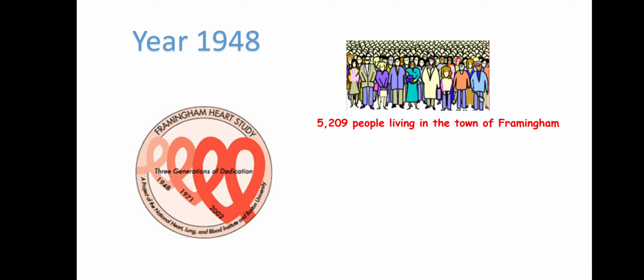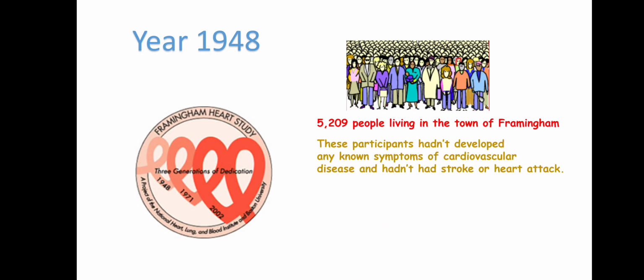See, back in 1948, when a lot wasn't known about the factors leading to heart disease and stroke, a health research study known as the Framingham Heart Study was being done on 5,209 people living in the town of Framingham. These participants hadn't developed any known symptoms of cardiovascular disease and hadn't had a stroke or heart attack.